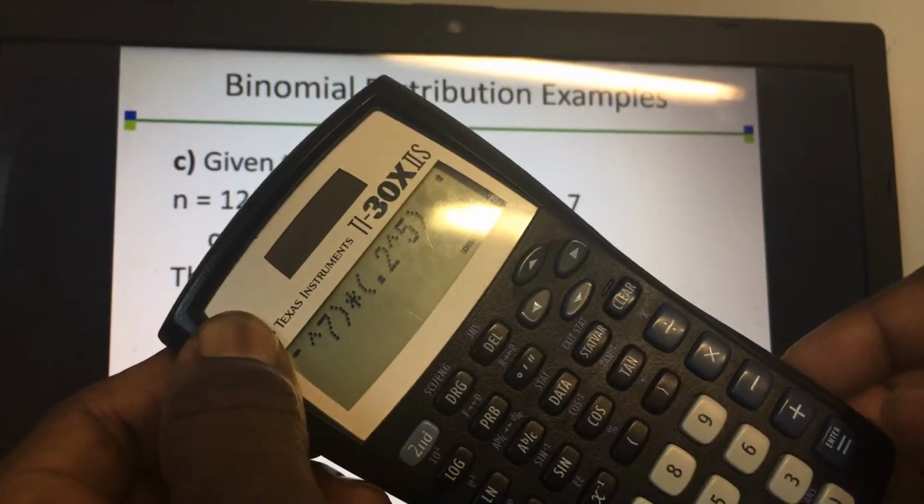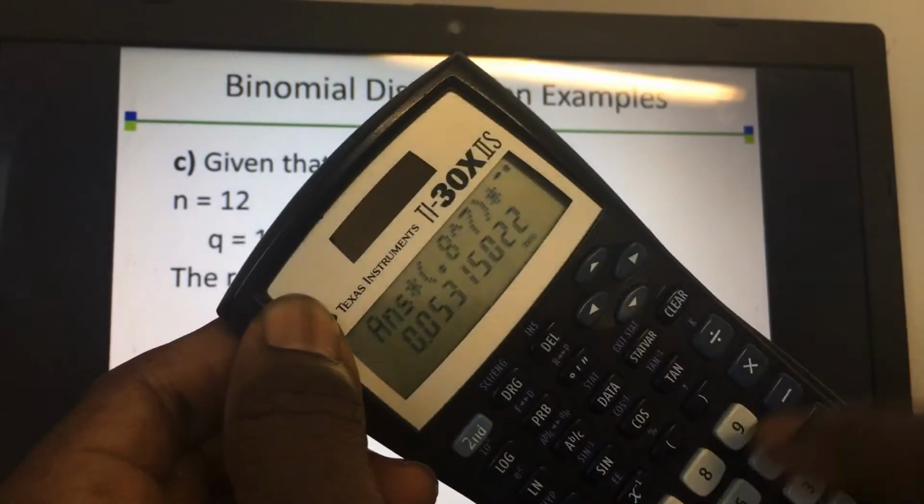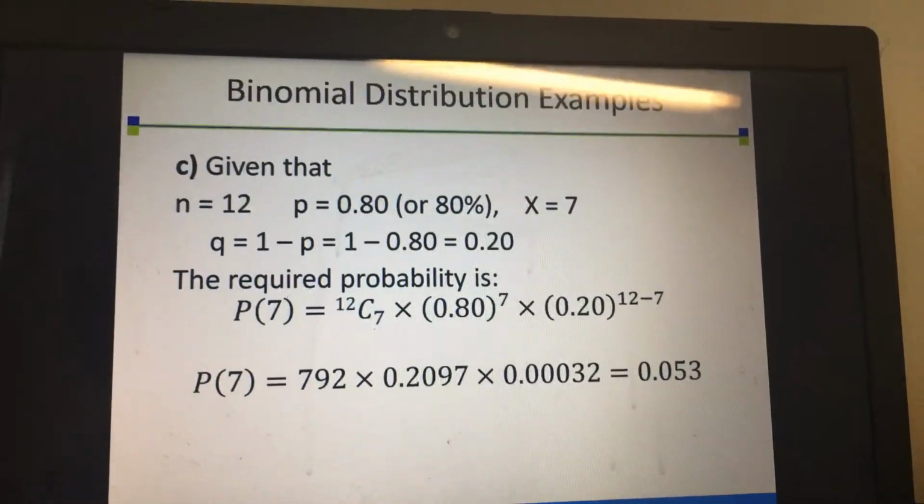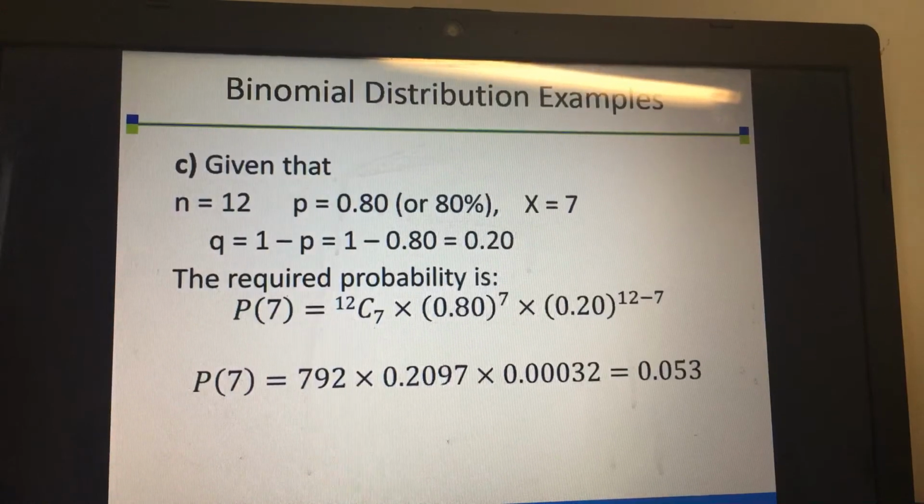Close it and press the enter key. 0.053. You can write that. So this is what we call binomial probability.